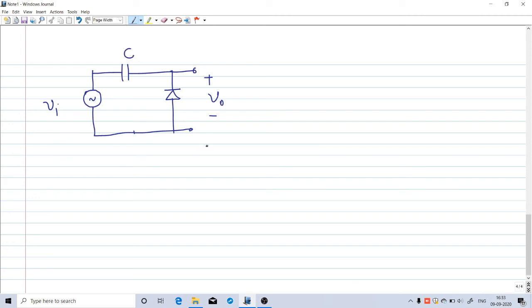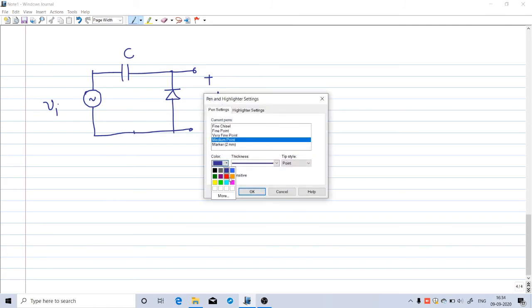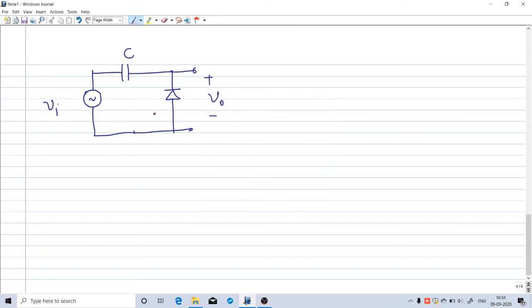Here also we will start with an ideal diode. You can see that during the negative half cycle of the input voltage, this diode will be forward biased. So current will be flowing like this. The capacitor will be charged with this polarity, and it will charge up to Vm, as we have already mentioned.